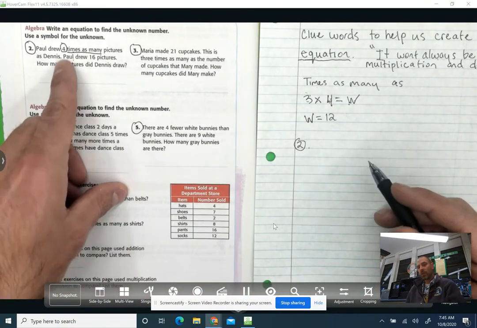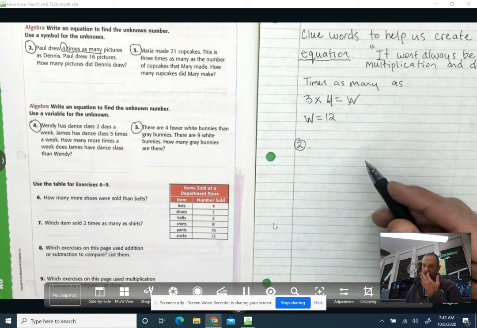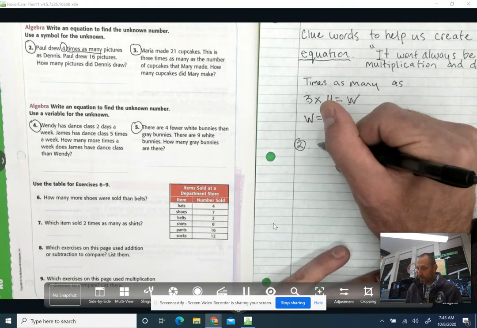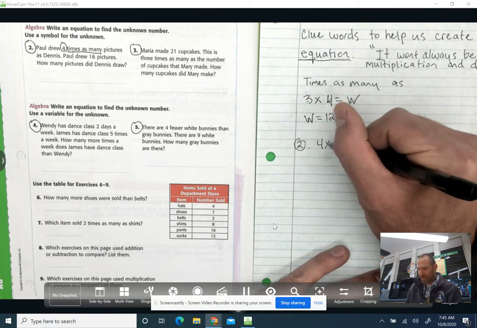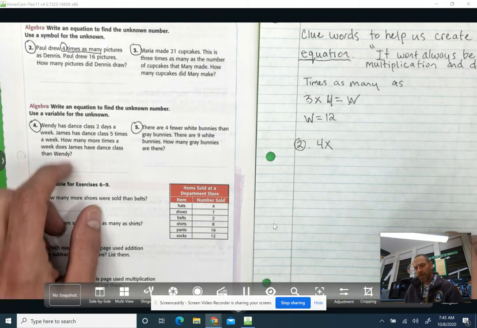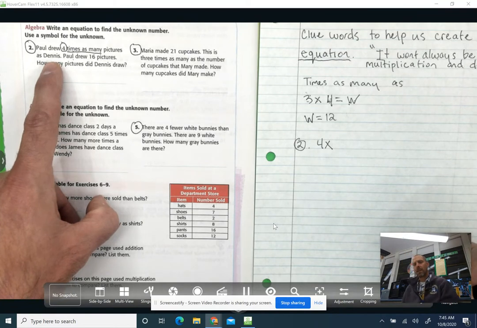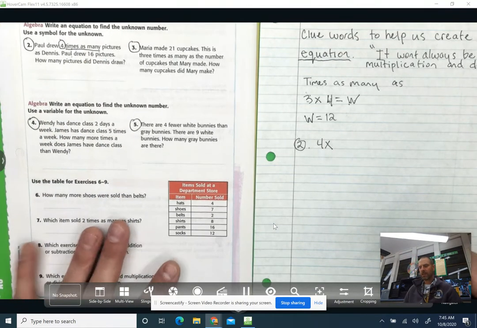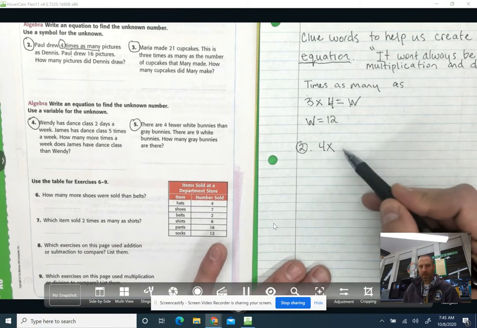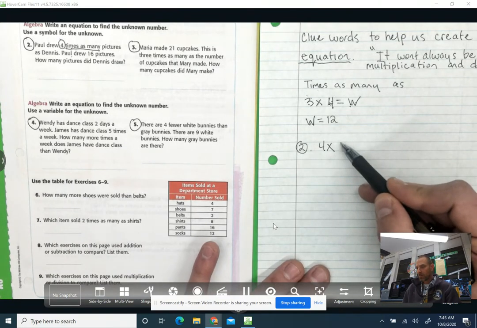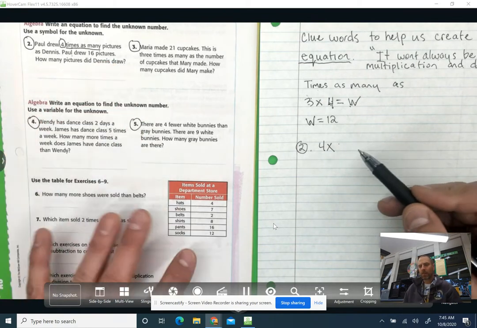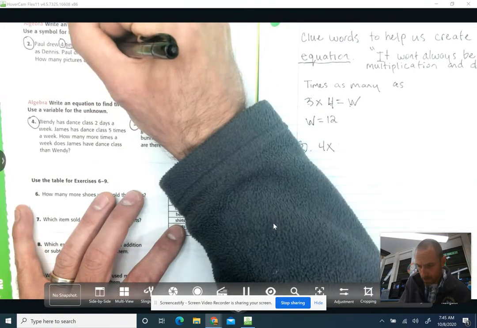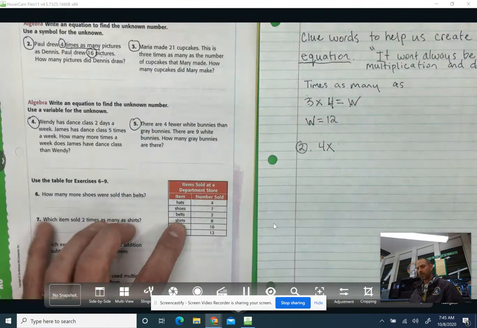So 4 times as many pictures as Dennis. Paul drew 16 pictures, right? So I don't know what goes next to my multiplication symbol yet, so I'm going to continue reading my question. Paul drew 16 pictures.